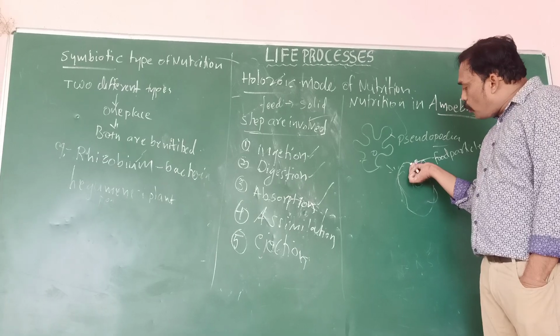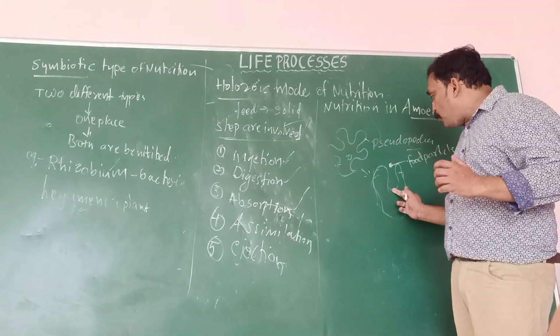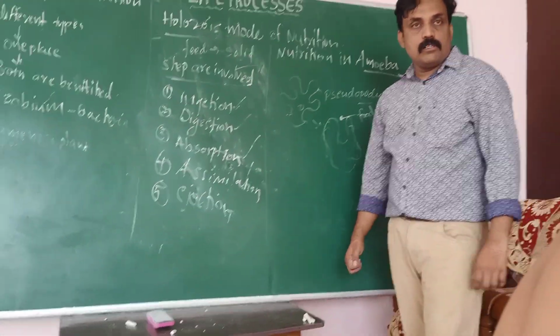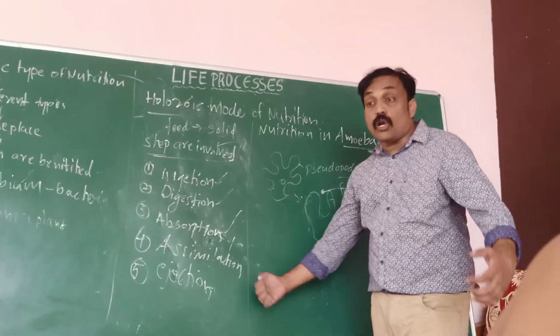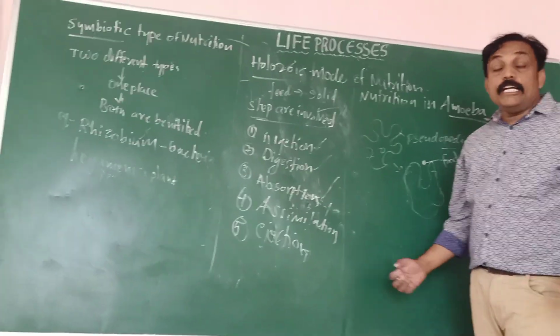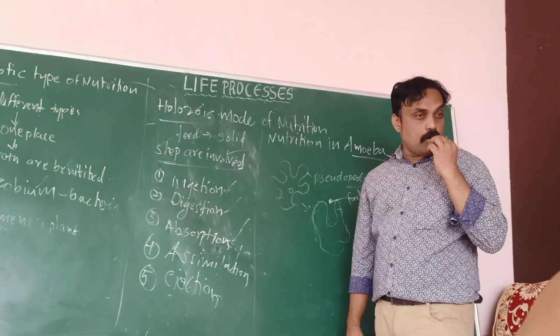Amoeba using pseudopodia, which are locomotory organs. Using pseudopodia, it engulfs. What is the meaning of engulf? Surrounded. It surrounds the food particle. Amoeba does not have a mouth like us.